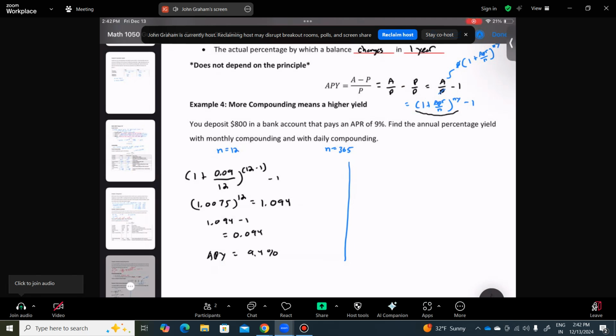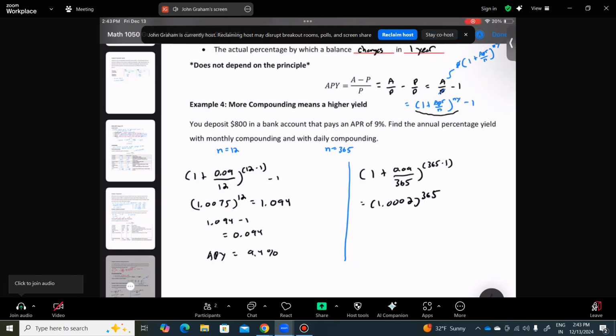Do the same thing with our daily compounding. And we're raising this 365 times 1. So this becomes 1.0002 raised to 365.